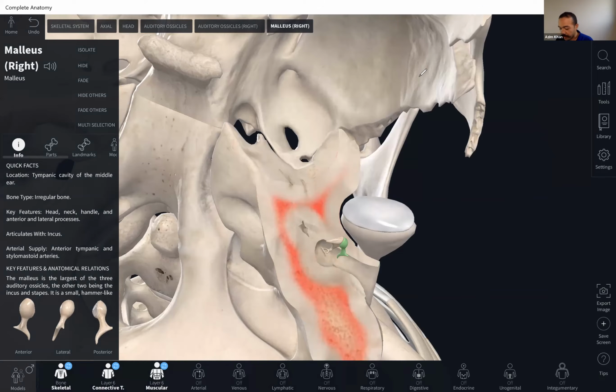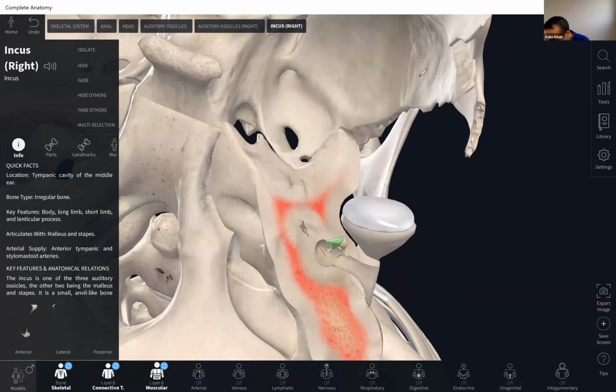The incus is intermediate of the three. And then the stapes is most medial, facing the cochlea, that organ of hearing. And you can see it's got a little space in between. That's the malleus, the incus, the stapes. Those are the auditory ossicles, the bones that we need for hearing.